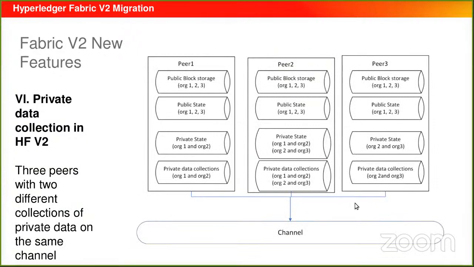Coming back to what I discussed before, each peer can be a member of different public and private networks and channels. Depending on what membership it has, certain data are going to be stored privately.